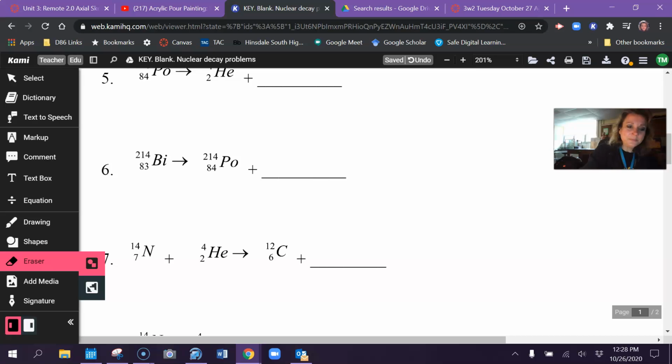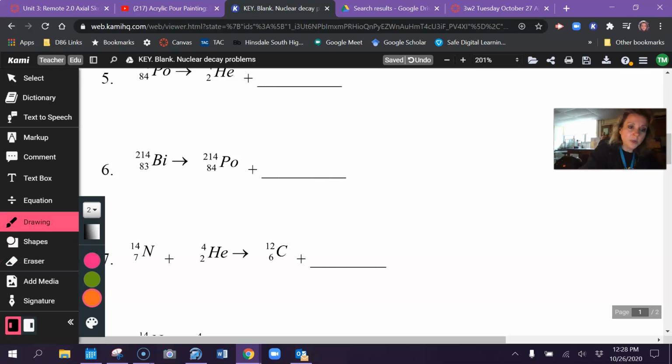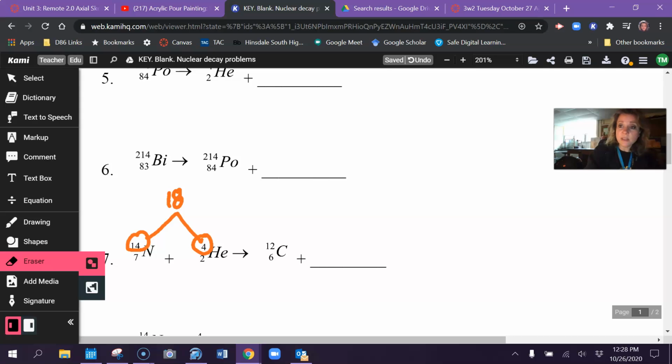Okay, so 14 plus 4 gives me 18. My numbers over on the product side, the top ones, also have to equal 18.